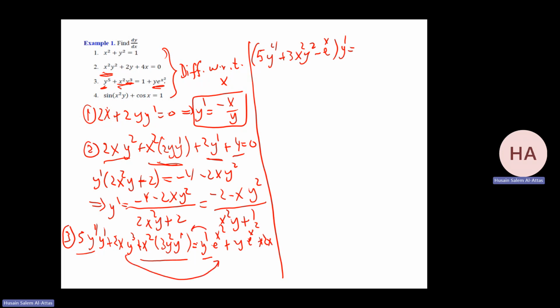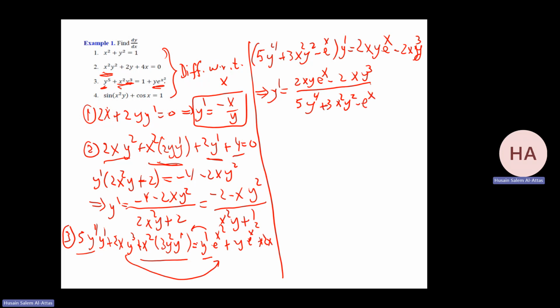So I have 2xy e to the power x squared, and if I take this to the other side, minus 2xy cubed. So what will be y prime? It will be 2xy e to the power x squared minus 2xy cubed over 5y to the power 4 plus 3x squared y squared minus e to the power x squared.